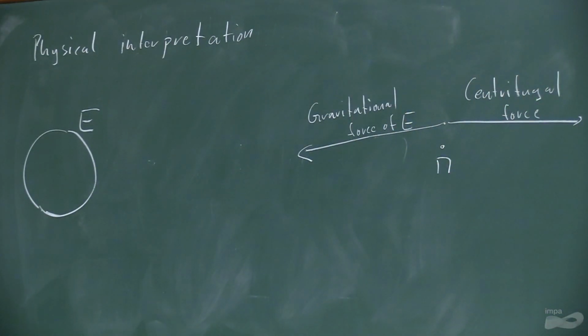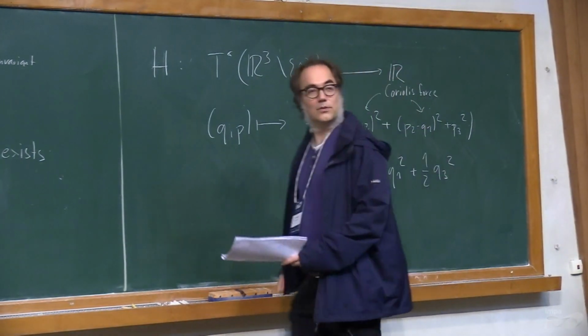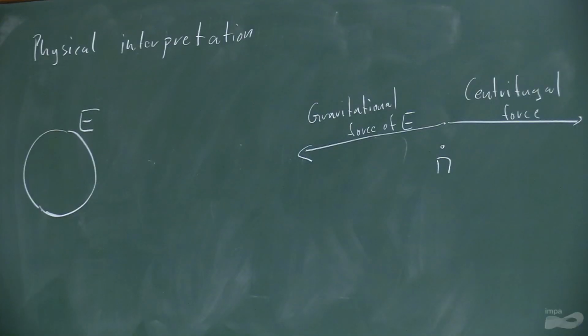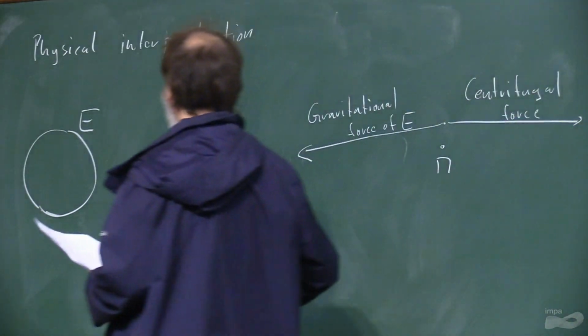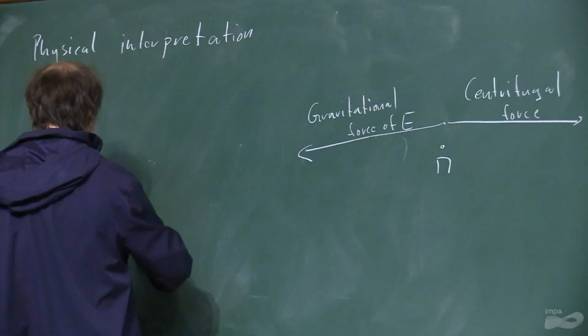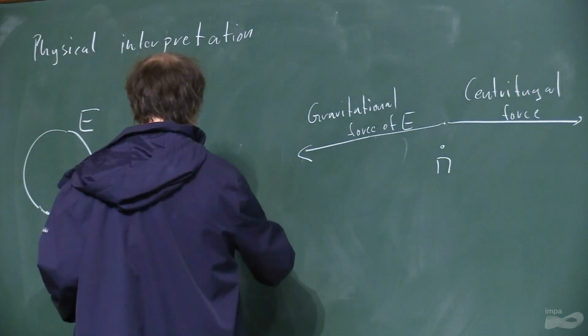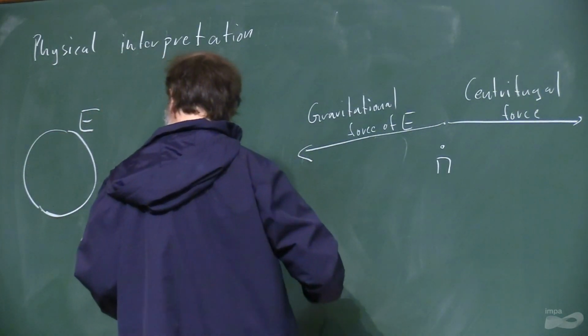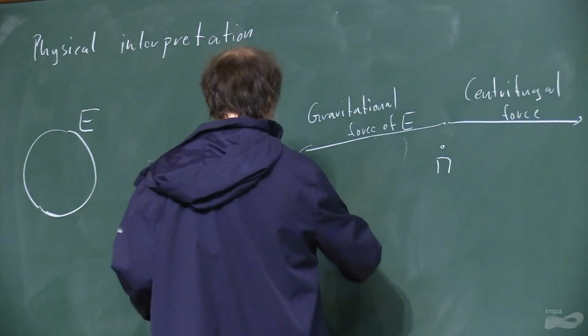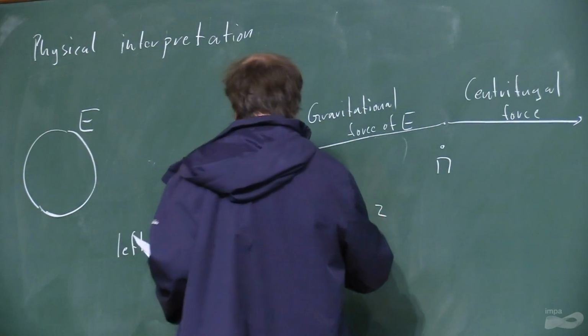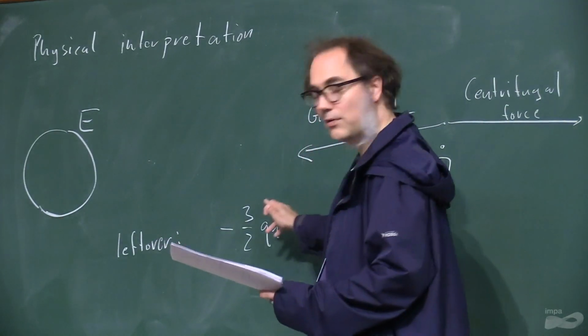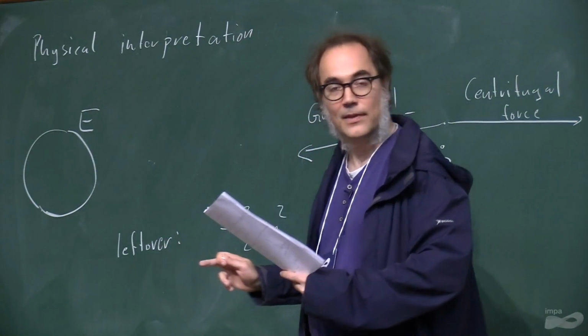So what is left over from this big fight are these two last terms. The leftover is minus 3 over 2 q1 square plus 1 over 2 q3 square. So what's this? You can think of it as a kind of tidal force.